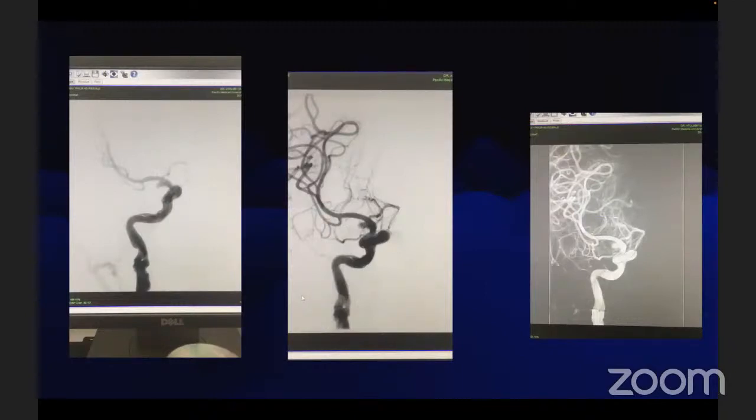So I just wanted to get the experts' opinions. I think you have gone through the fibromuscular dysplasia classifications. Yes, sir. There are three: medial dysplasia, intimal dysplasia, and adventitial dysplasia, sir.